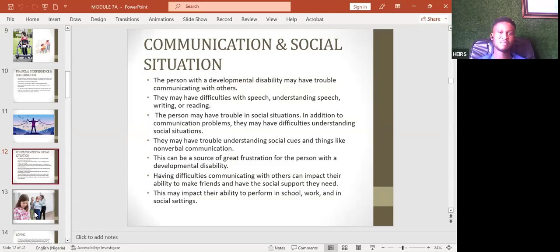So this can be a source of great frustration for those persons with a developmental disability, and having difficulties communicating with others can impact their ability to make friends and have the social support they need. And this may impact their ability to perform in school, in work, and in social settings.